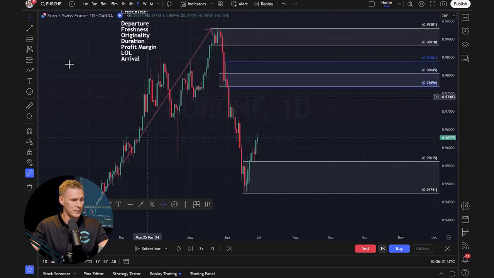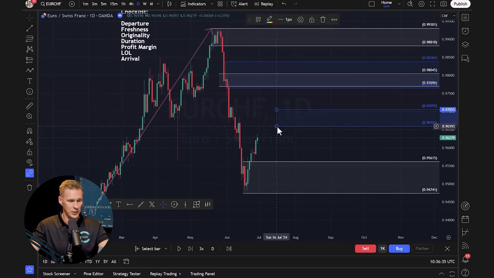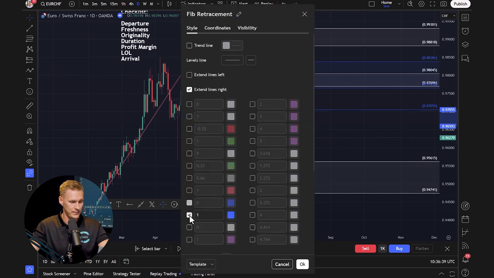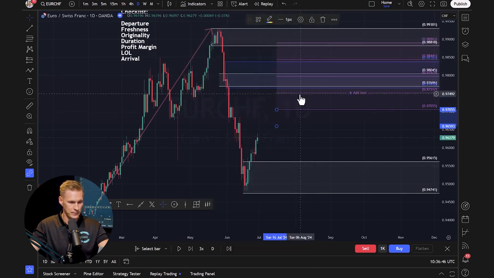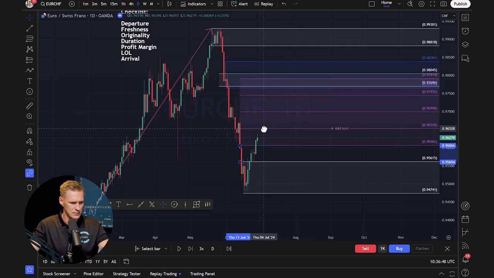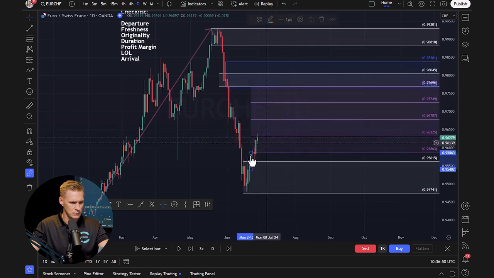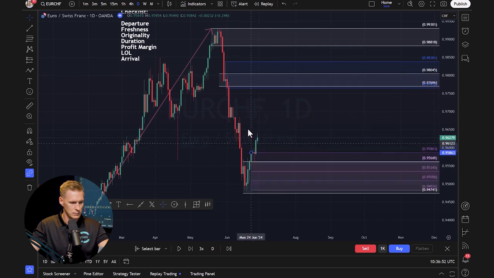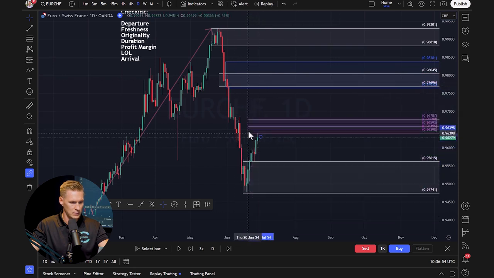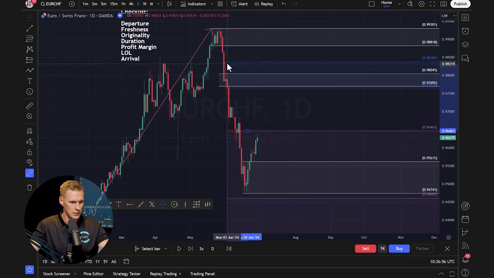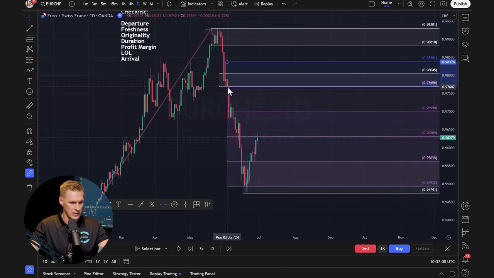Profit margin. Let's check the profit margin together, and I will add again the Fibonacci tool. I just have to change the settings. I will add 4 hours to move this. Okay, from here to this one here, right?